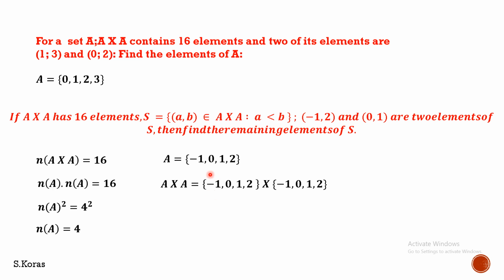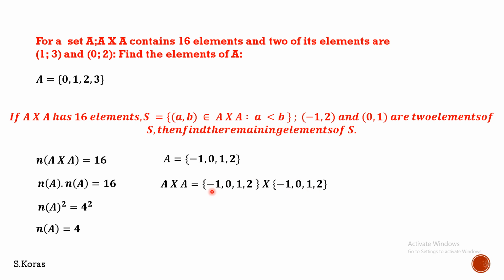So from here let us choose an element, because these 4 make the first element and these 4 make the second element. So from these 4 let us choose an element, that is minus 1. If I choose minus 1, then I have to choose the elements from the back set such that the back set elements should be greater.